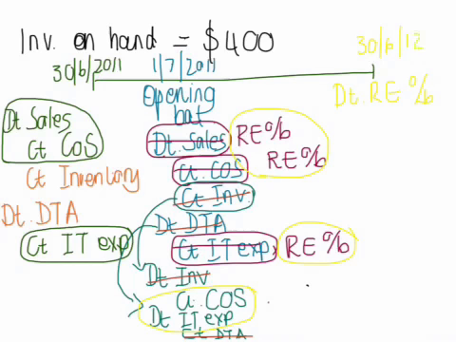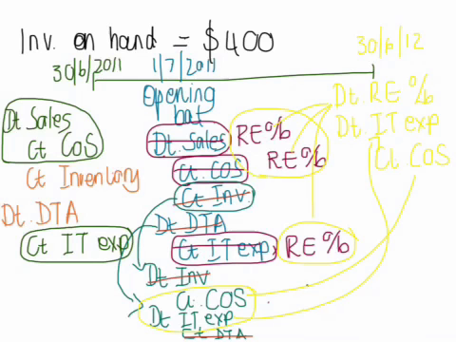So this is the entries that we'll include in the consolidation worksheet at the end of the year. Debit our income tax expense and credit our cost of sales. So that's the cost of sales, income tax expense, and these three all affect our retained earnings opening balance.